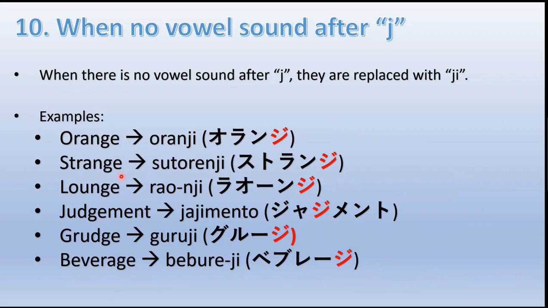It's not necessary that the alphabet will be J. The sound should be the J sound, which is produced by this GE in each of these words. So in such cases, when there is a J sound without a following vowel, the Japanese word will have the G sound. So orange becomes oranji, strange becomes sutorenji, lounge becomes rounji, judgment becomes judgimento, grudge becomes guruji, and beverage becomes bebureji.